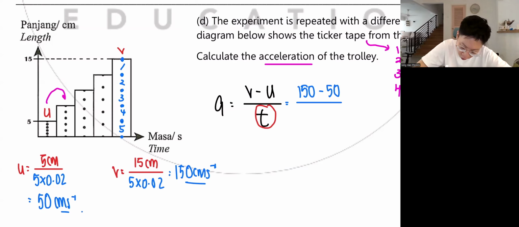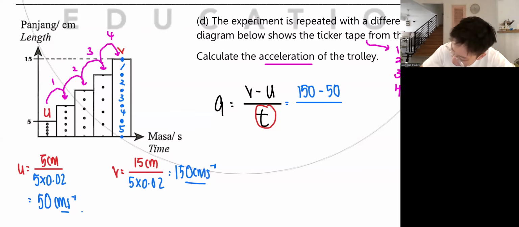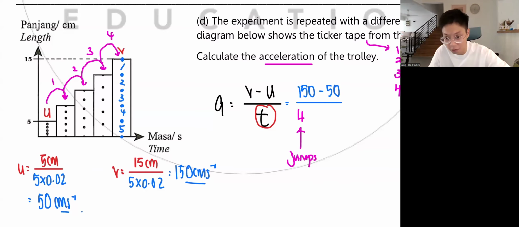When you go from initial to final, especially for all these bars, we will first calculate the number of jumps. From the first one you jump 4, so you calculate the 4. These are the jumps. But then what is your total?